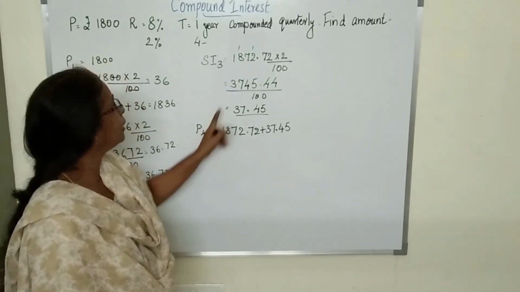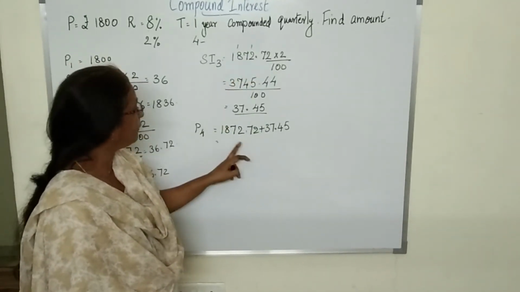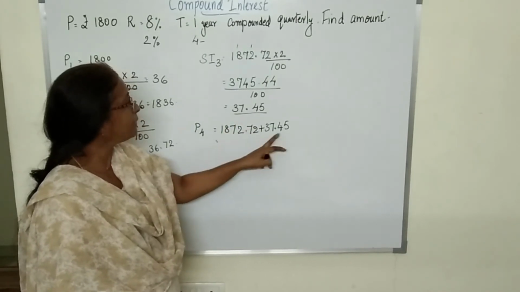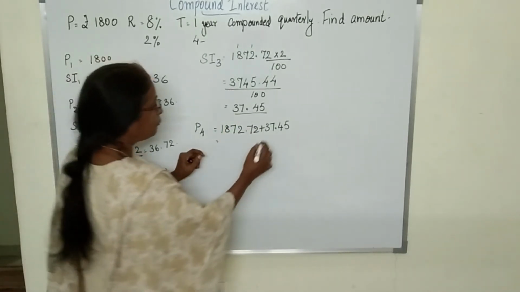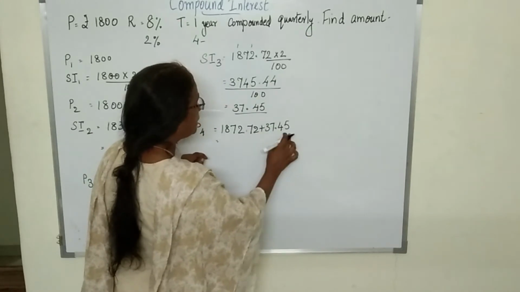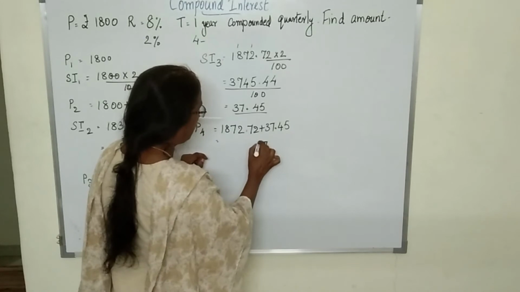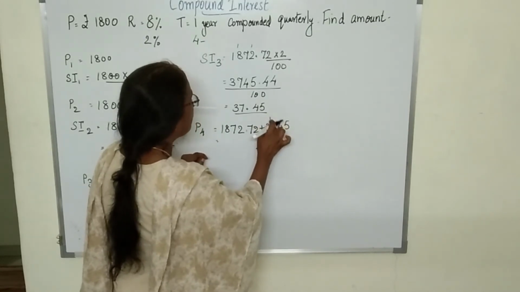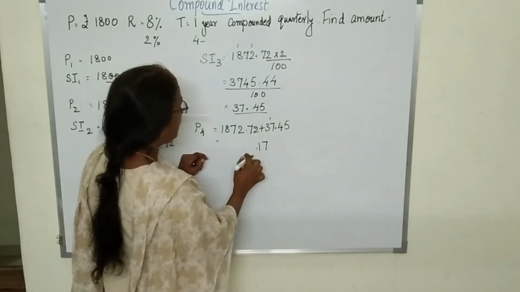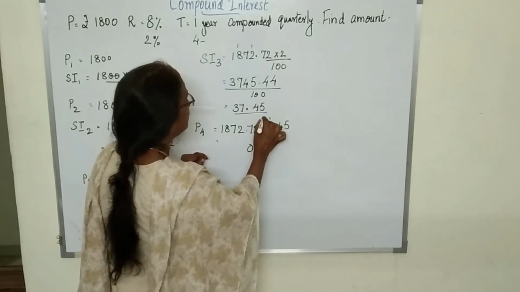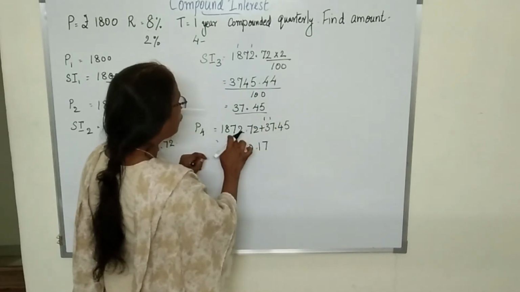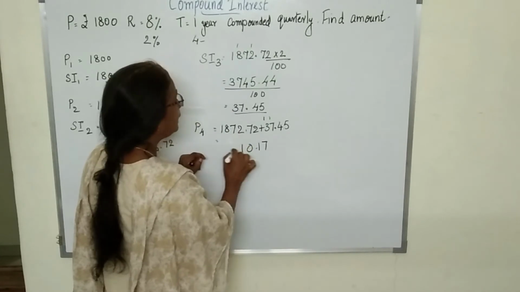Now P4 is equal to 1872.72 plus 37.45. So what will you get? 5 plus 2, 7. 7 plus 4, 11. 1. So 7 plus 1, 8. 8 plus 2, 10. Now 3 plus 1, 4. 4 plus 7, 11.